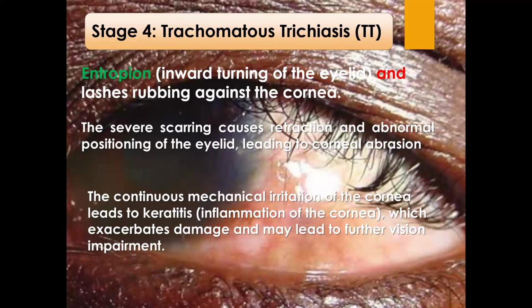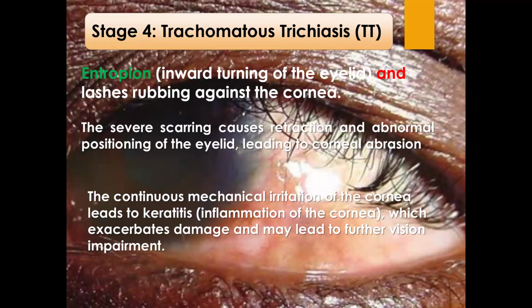causes retraction. Recall, I said in the third stage that there's fibrosis and scar formation. It is this scar formation that causes retraction and abnormal positioning of the eyelid, which leads to corneal aberration.